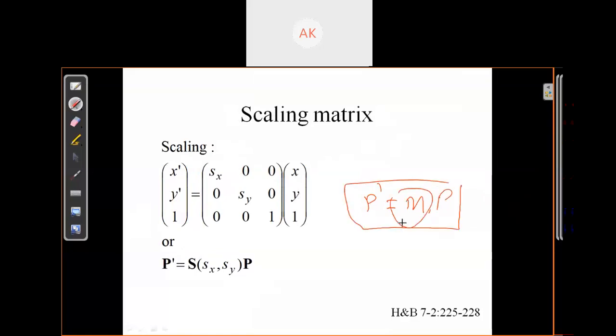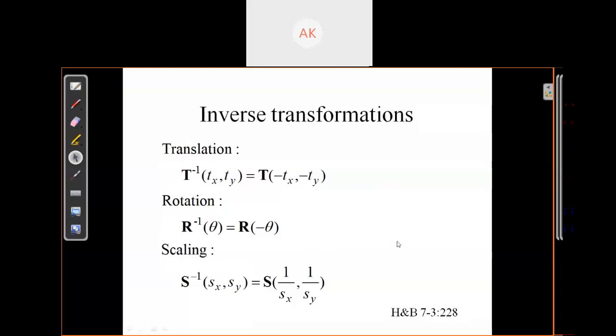Now we can apply all this transformation in a single shot by changing the value of M. Is it clear to all of you?